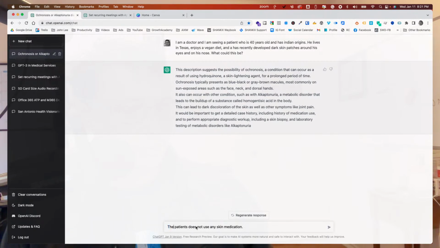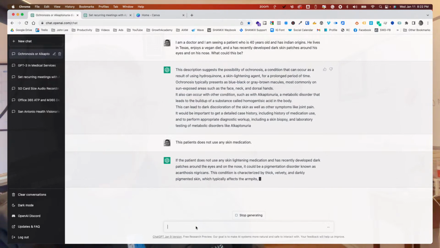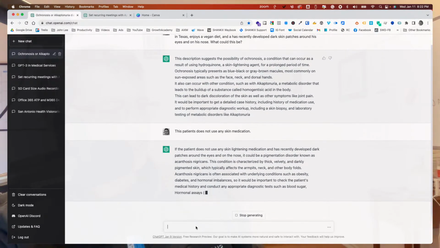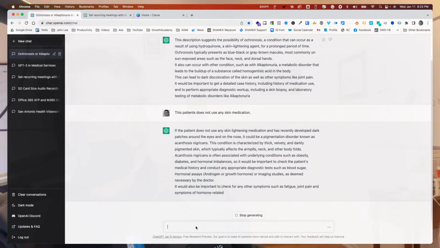If the patient does not use any skin lightening medication and has recently developed dark patches around the eyes and on the nose, it could be a pigmentation disorder known as acanthosis nigricans. This condition is characterized by thick, velvety, and darkly pigmented skin, which typically affects the armpits, neck, and other body folds.